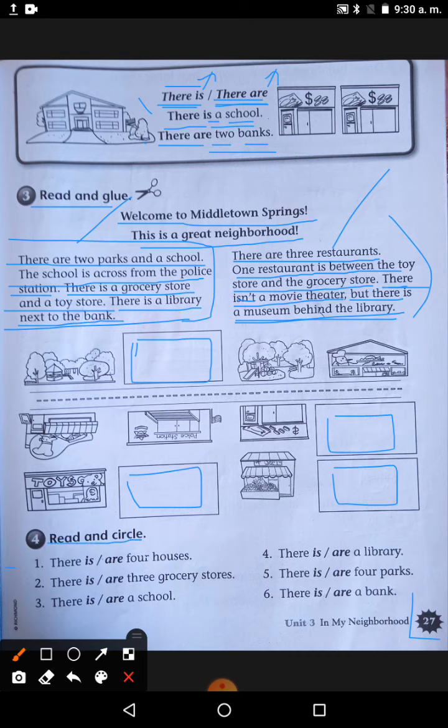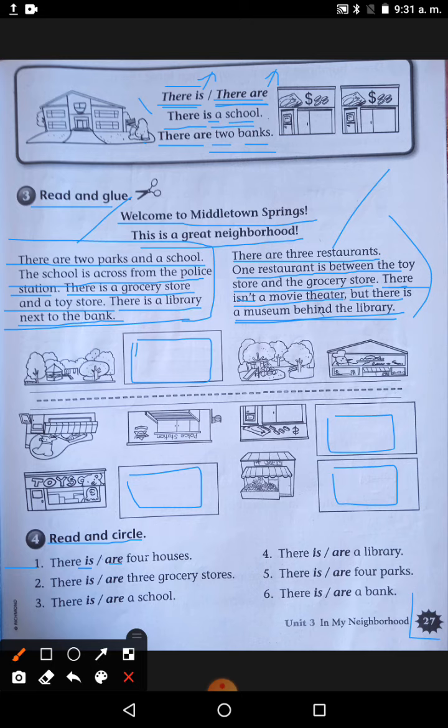You are going to read the sentence and circle the correct verb to be, okay? Remember, we use is for singular and we use are for plural. So you have to pay attention to the end of the sentence, to the predicate, or complement.